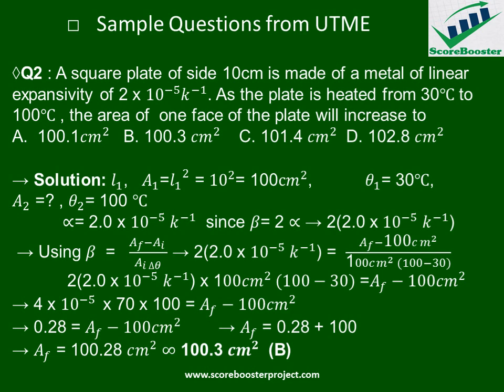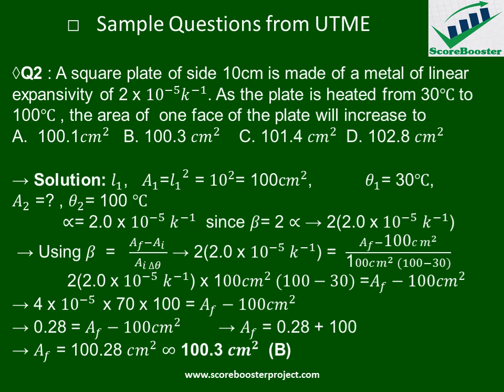Now the next thing is to substitute the given parameters in the formula of area expansivity, and we have to recall that the area expansivity beta equals final area, that is AF, minus initial area AI, over initial area AI times change in temperature, which is delta T. So if we substitute, our beta will be 2 into 2.0 times 10 raised to the power minus 5 per Kelvin, equals final area, which is not given, minus 100 centimeters square, that is our initial area, over initial area, which is 100 centimeters square, then into change in temperature.